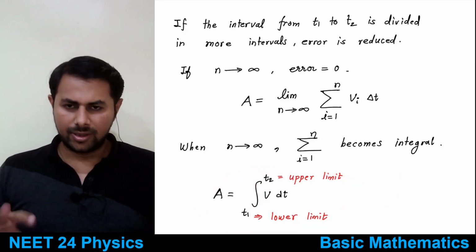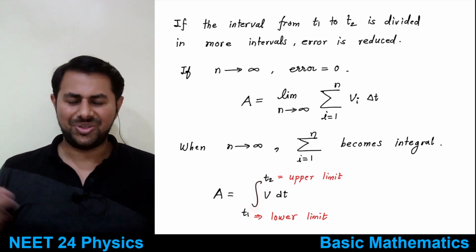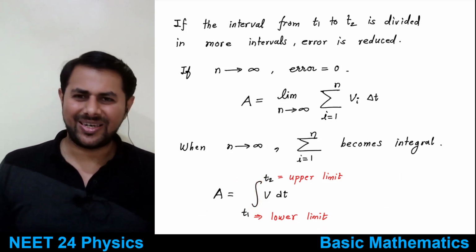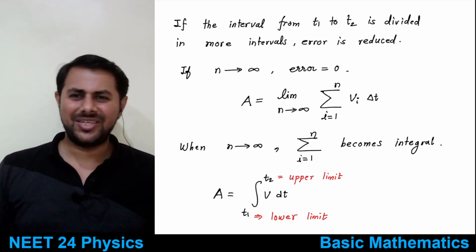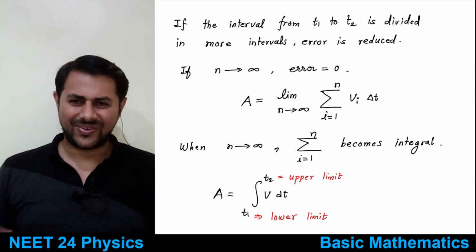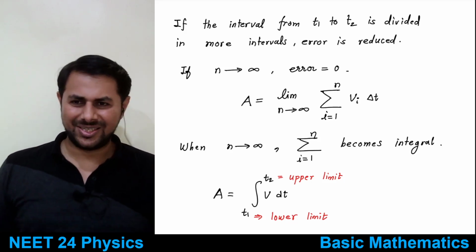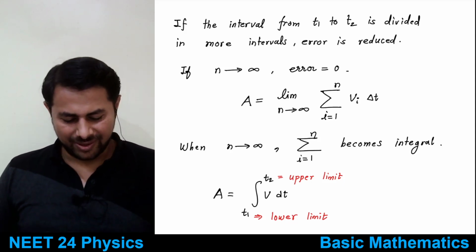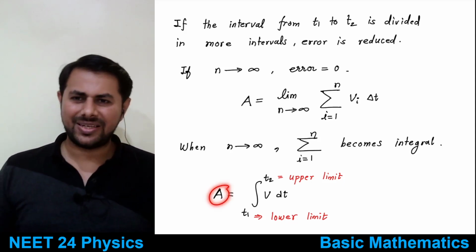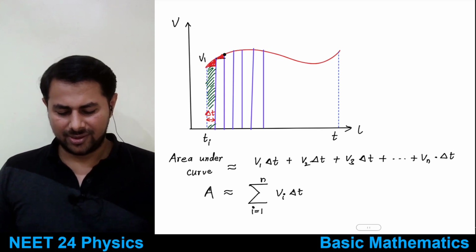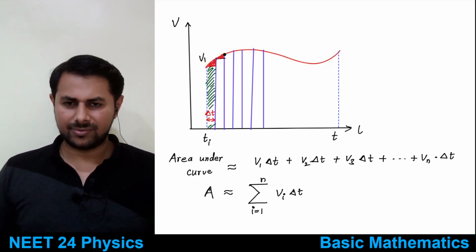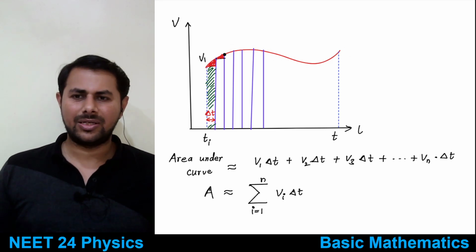So now you might ask how to do this infinite integration. You will not ask because you have some experience, right? We don't need to do that because some great people have done it already, and they have come up with some rules. So we just need to see those rules. By the way, what will this exact area give us? It will give us displacement.